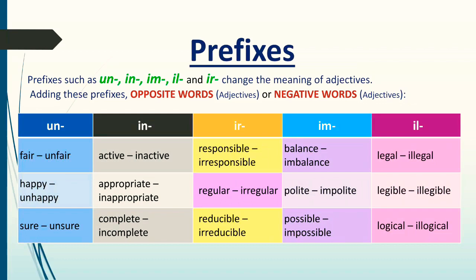Prefixes such as un, in, im, il, ir change the meaning of adjectives. Adding these prefixes, opposite words or negative words are formed. For example, unfair from fair, inactive from active, irresponsible from responsible, imbalance from balance, illegal from legal.